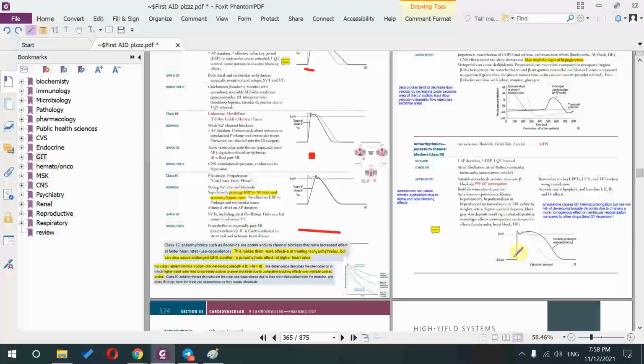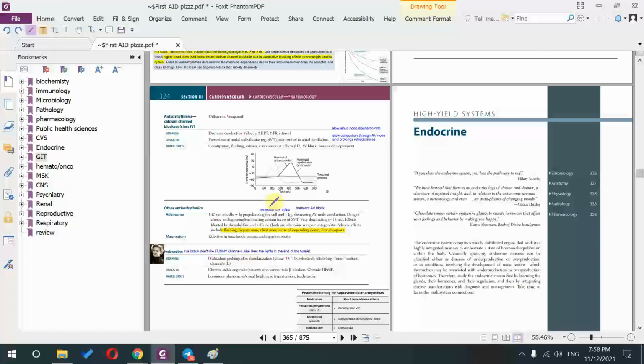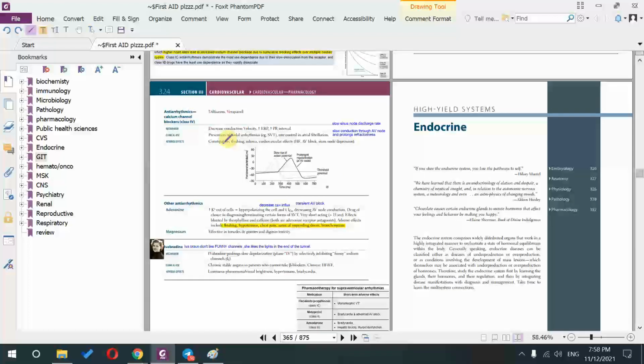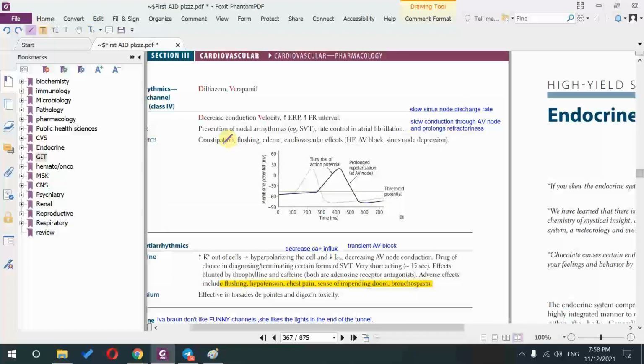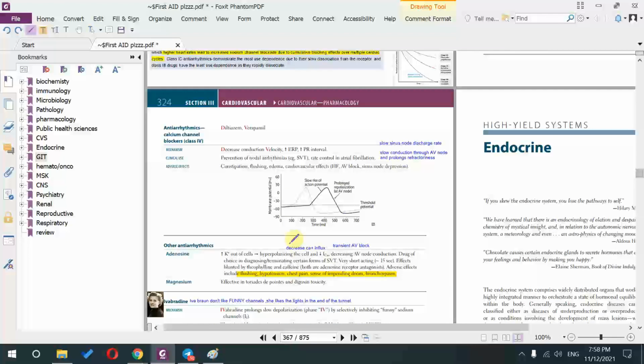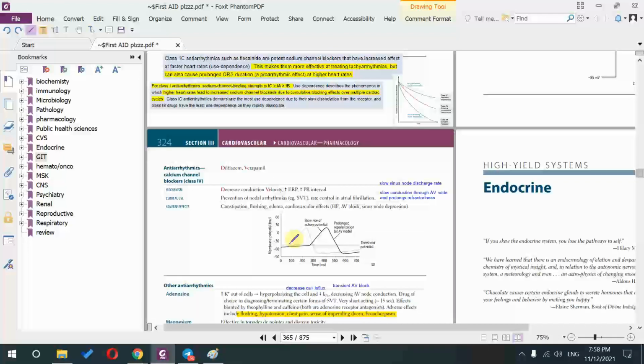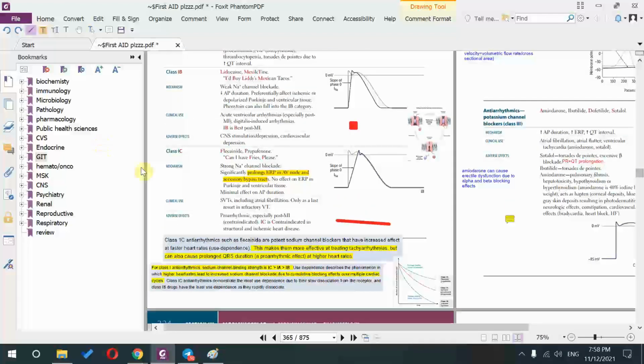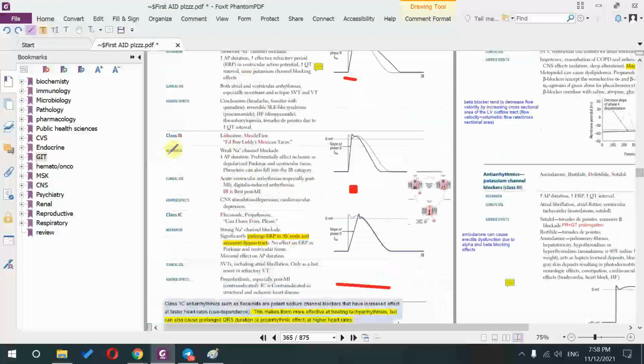Typical, yeah, because you can see the straight line here. Lastly, calcium channel blocker, typical or atypical? Atypical, yeah, because you can see the slope here. So basically class 2 and class 4 are atypical. The other ones are typical. Good. So okay, we can memorize that.